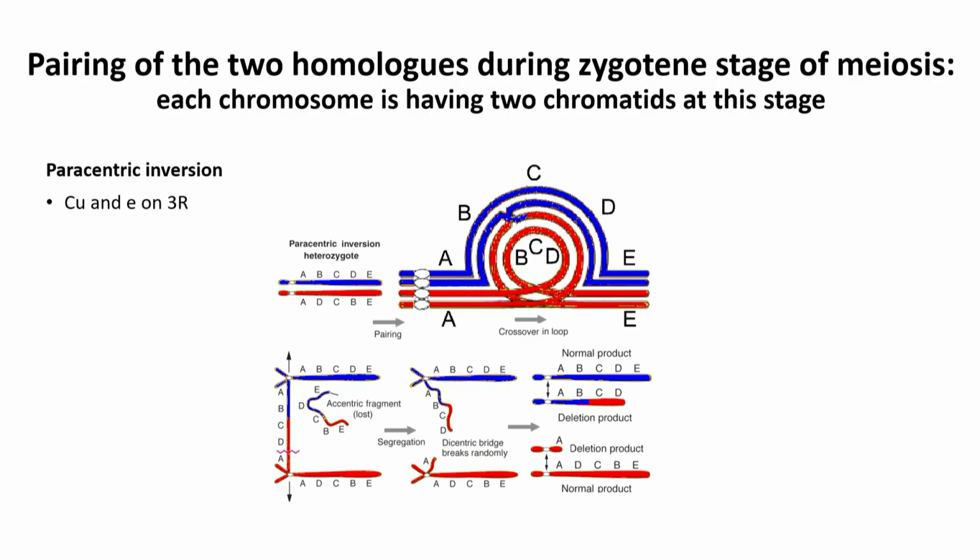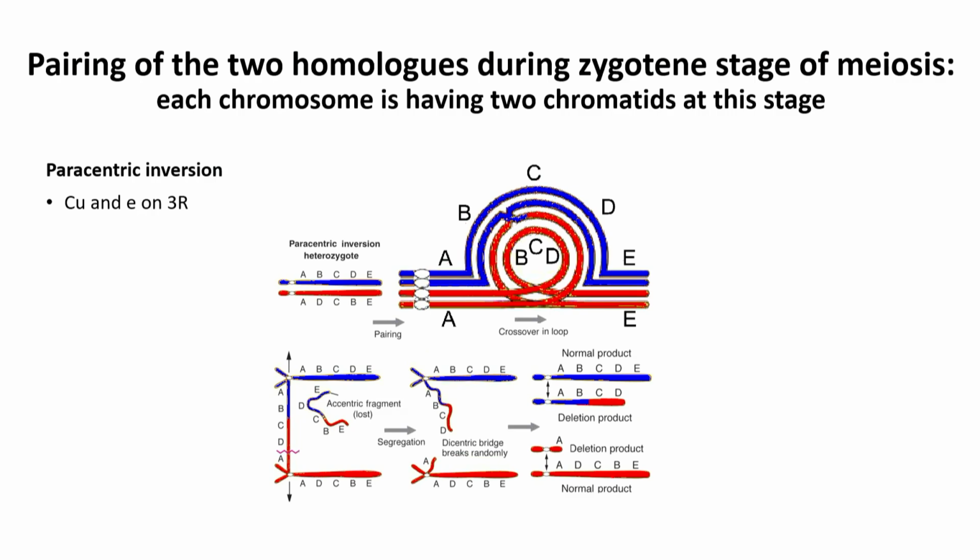When it has done so, on top we can see A, B, C, D, E. The bottom also, A is with A, red and blue; B is with B, C is with C, D is with D. Otherwise, this was ADCB, and by looping this has become A, B, C, D, then E.